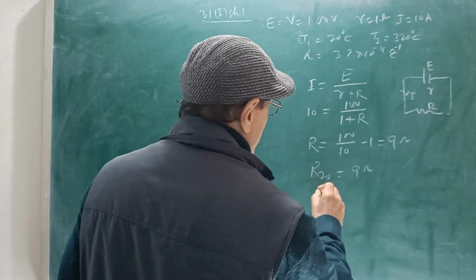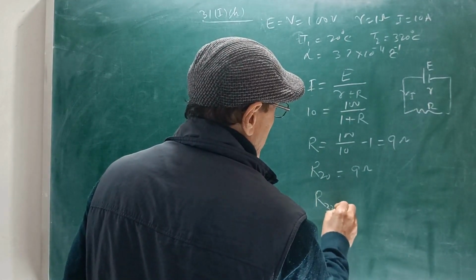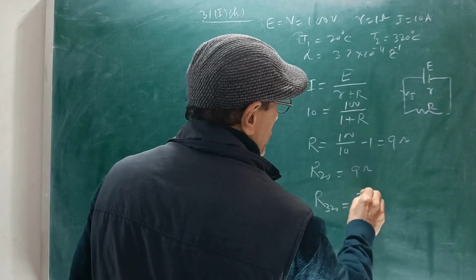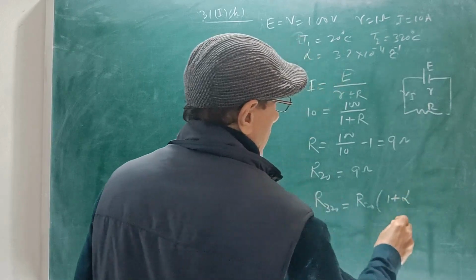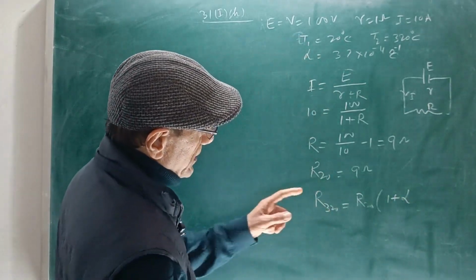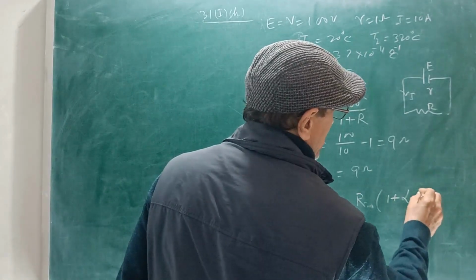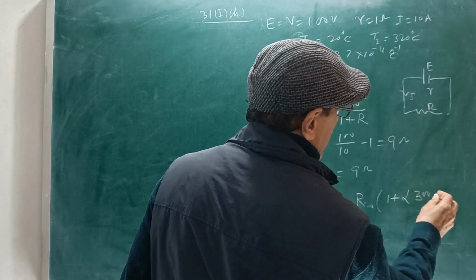Now you can have this R at 320 degrees Celsius as R320 equals R20 into 1 plus alpha times the difference, and 320 minus 20 is 300.